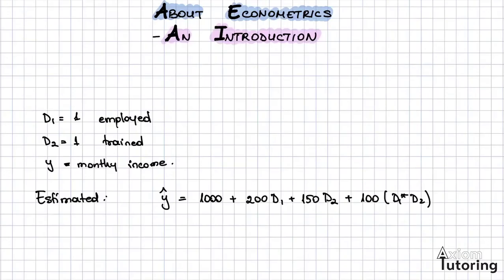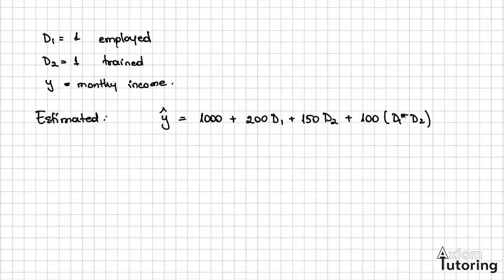So let's compute all four group means, okay? And you can also keep the other video parallel to this one so that you can remember all of the cases and how we basically create the matrix. So remember case 1, we're going to have D1 equals 0, D2 equals 0.